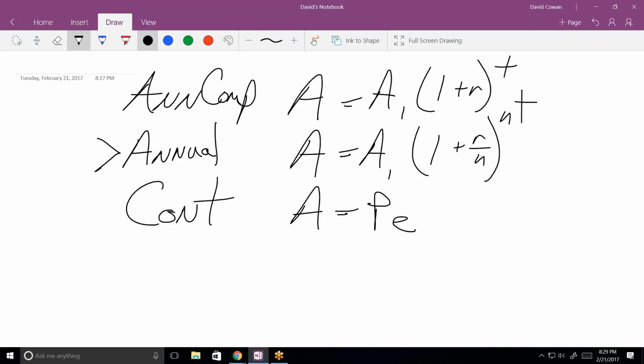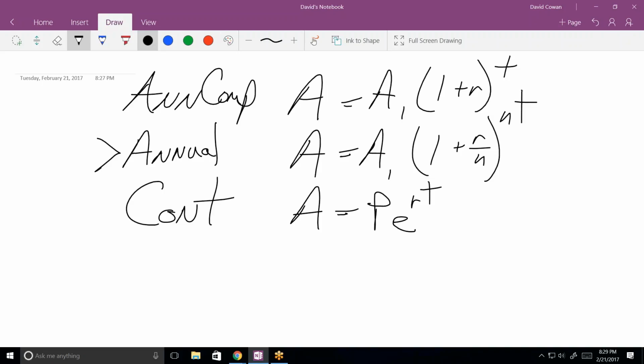So what does continuously really mean though? Means that every single second they're going to pay you interest based on what your account is valued at that second. Okay. And that's the way the natural world works. Bacteria doesn't compound annually or monthly.